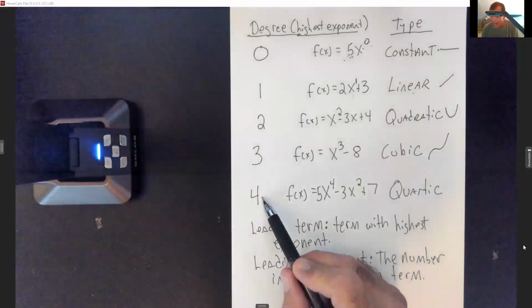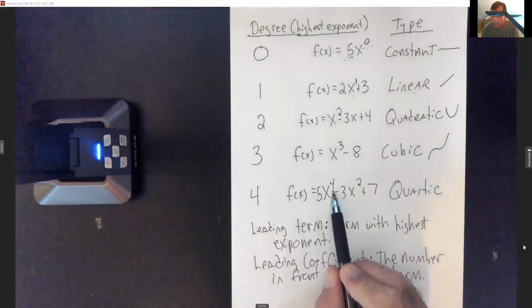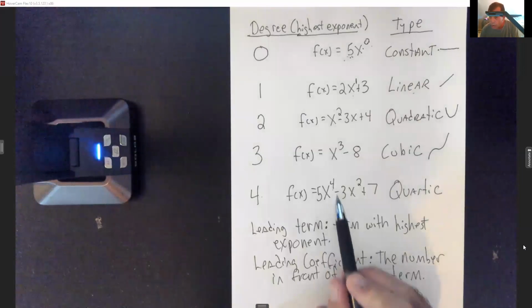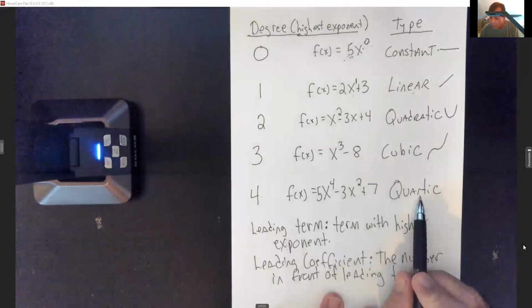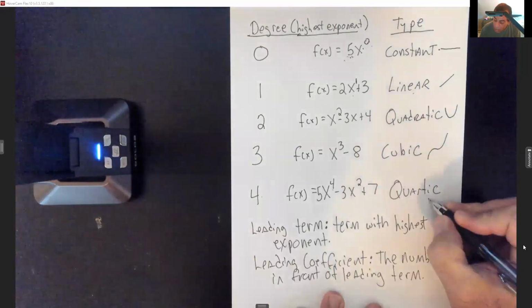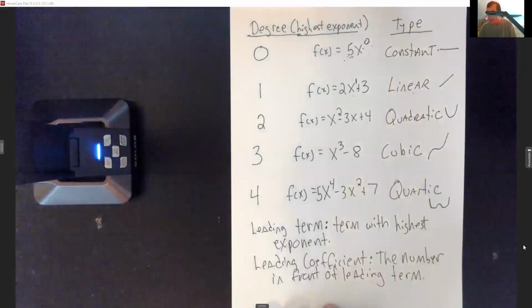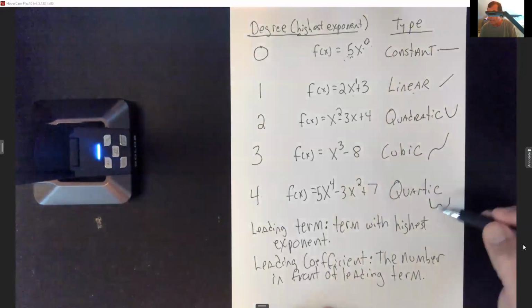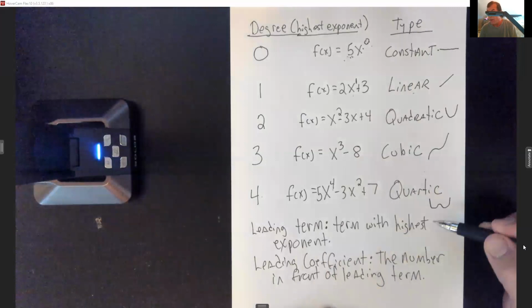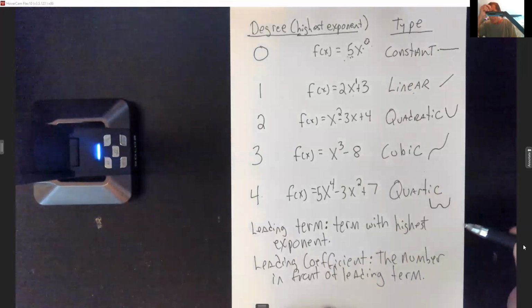If it's got a highest exponent of a 4, it's what we call a quartic polynomial, almost like a quarter. And a quartic will sort of do that type of stuff, okay? It'll go uphill both sides, or if it's flipped over, it'll go downhill both sides.